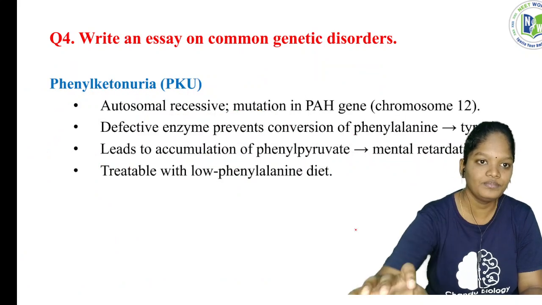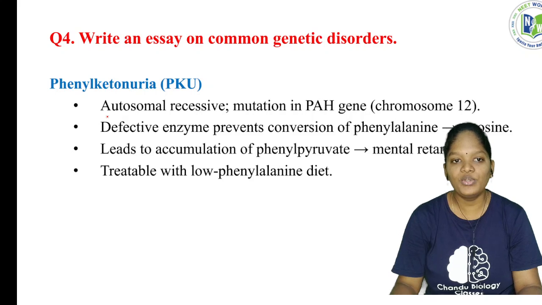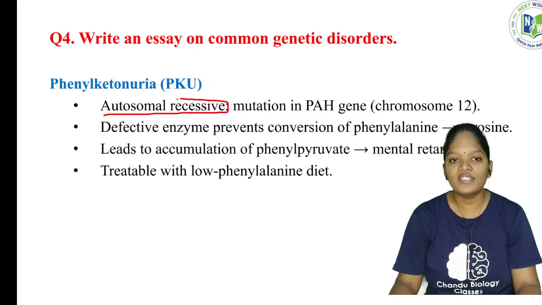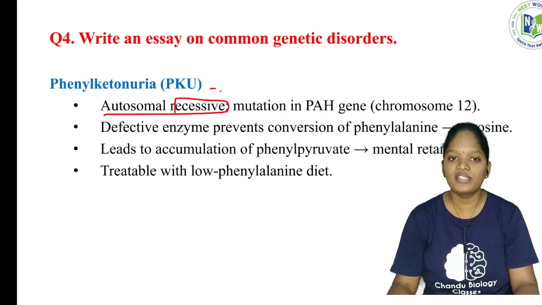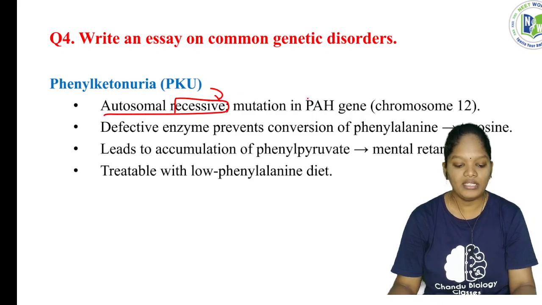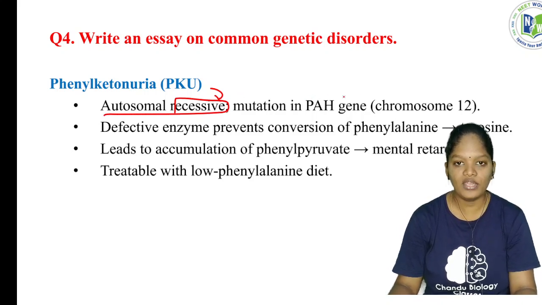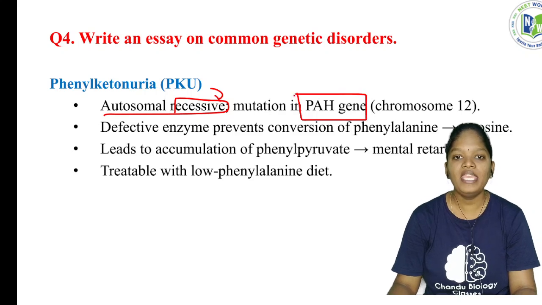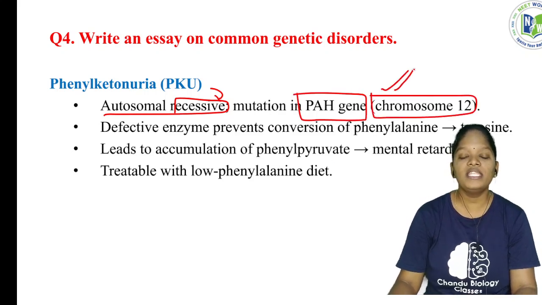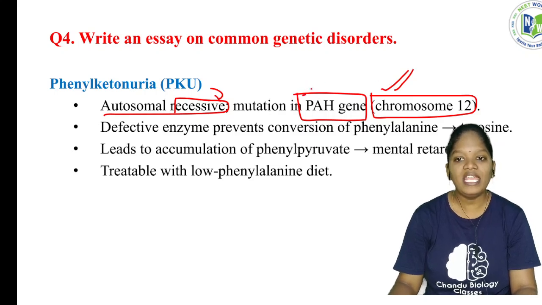Right? Now, phenylketonuria. So it will be autosomal recessive. Again it is autosomal recessive, and the gene responsible for this will be the PAH gene. And what is the number of this chromosome? The 12th chromosome.